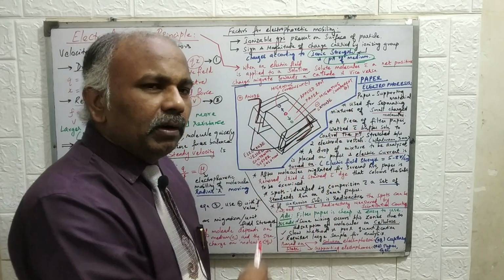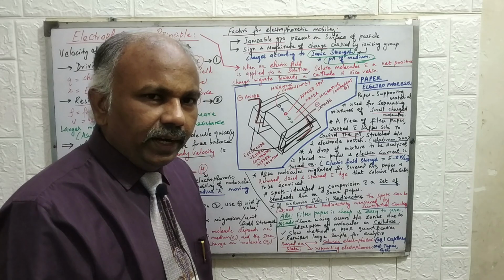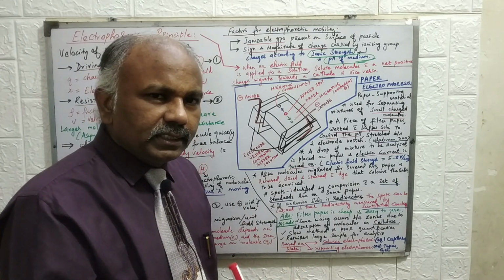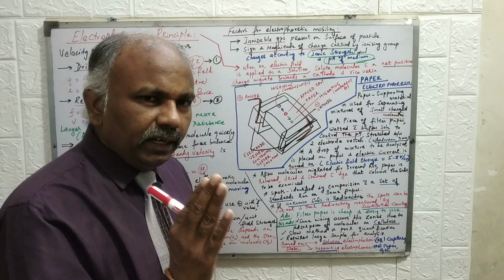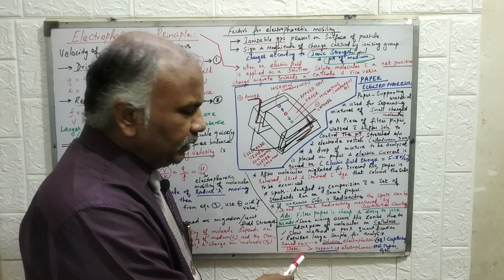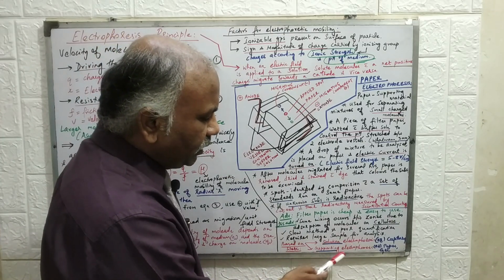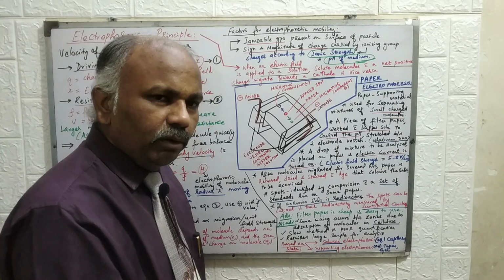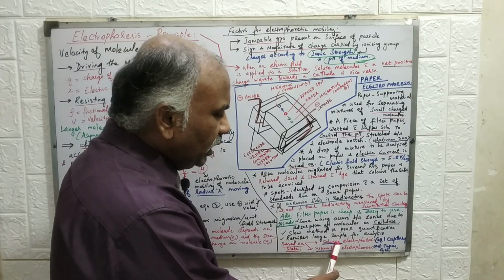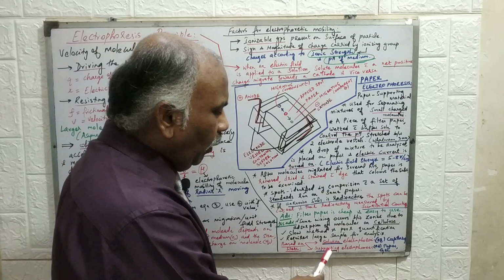Now, the other important thing we are going to discuss in today's lecture is paper electrophoresis. Based upon the state, there are two types of electrophoresis: solution electrophoresis and supporting electrophoresis.